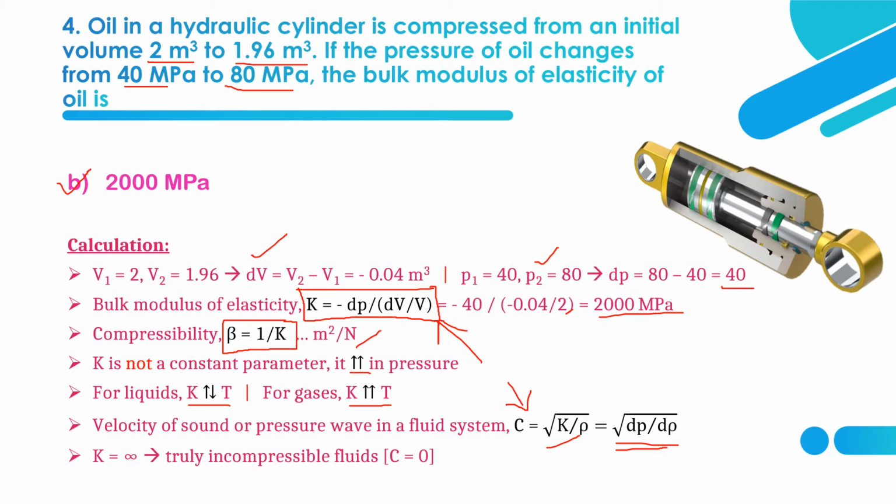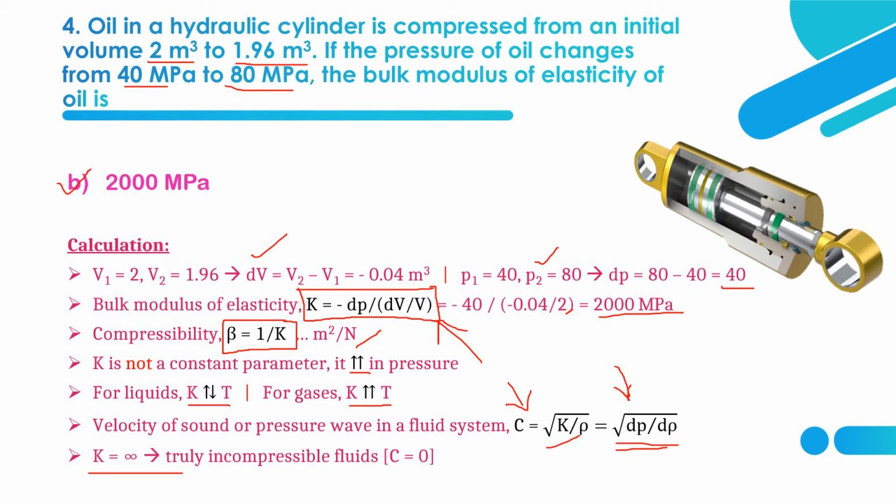In case of volume we can use density also. So C is root of dP, or change in pressure, divided by change in density. This is how we can calculate the velocity of sound, or the velocity of a pressure wave, in a fluid system.